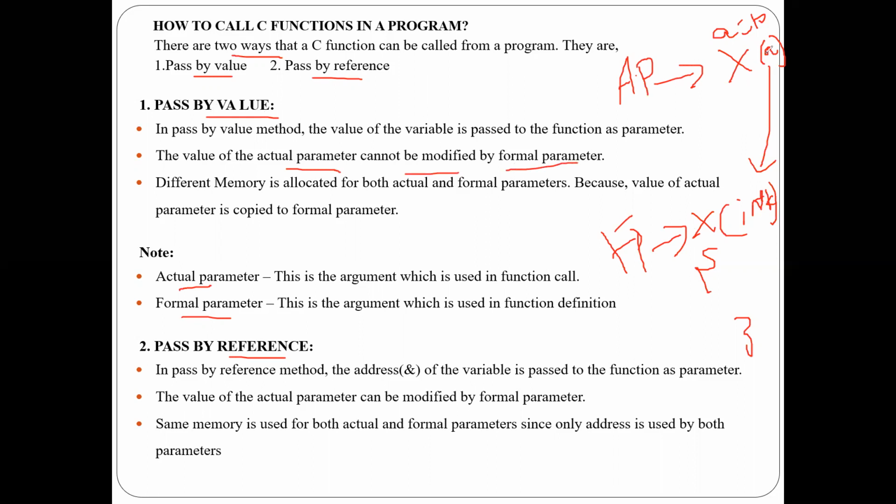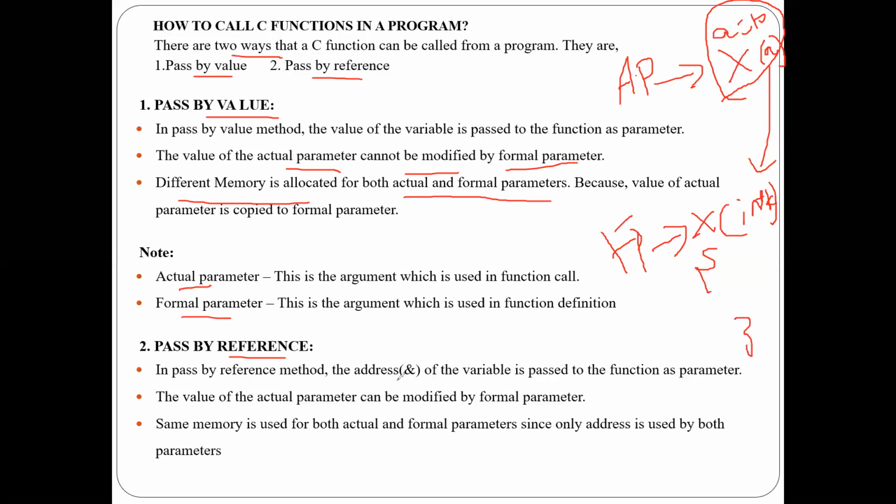We call the function by passing the value, but because of that, this actual parameter, that is the a, will not be modified. That is the main thing, because each actual parameter and formal parameter is allocated different memory spaces. But in pass by reference, it is not like that.